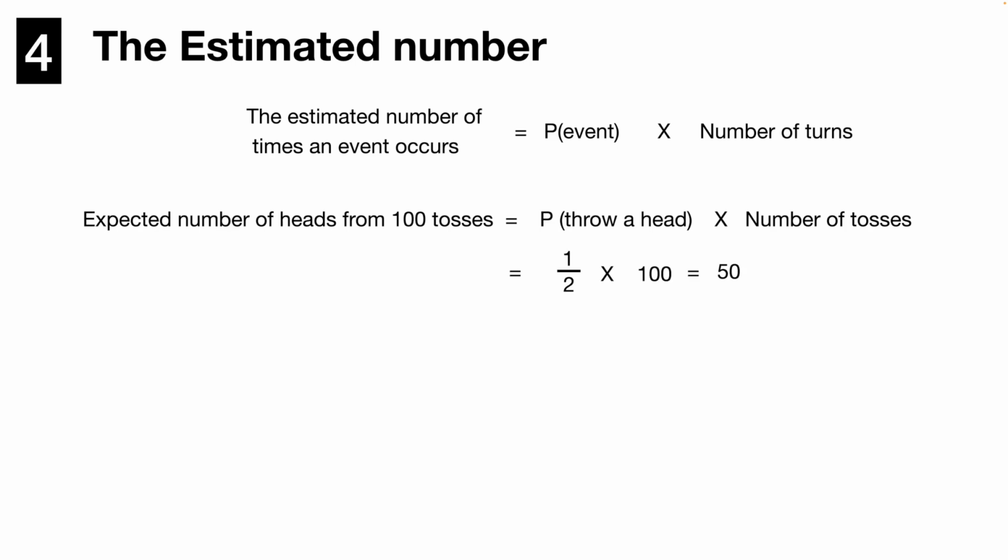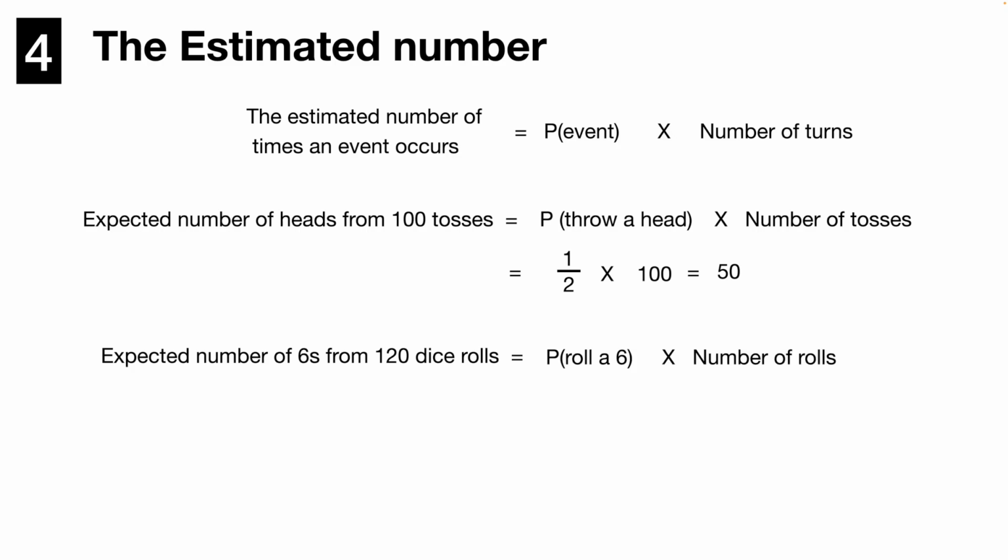You will not be surprised to know the expected number of tails from 100 tosses is 50. The expected number of sixes from 120 dice rolls: the probability of rolling a 6 is a sixth, times 120 equals 20.